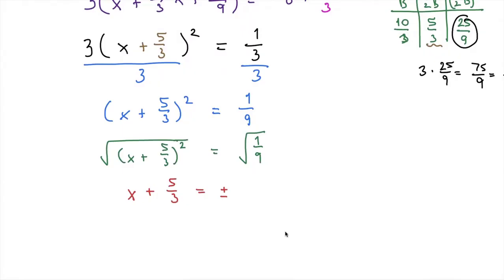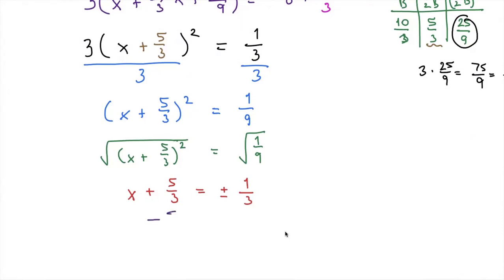The square root of 1 is 1. The square root of 9 is 3. So it's going to be plus or minus 1/3. And then we just need to move the 5/3 to the right side.